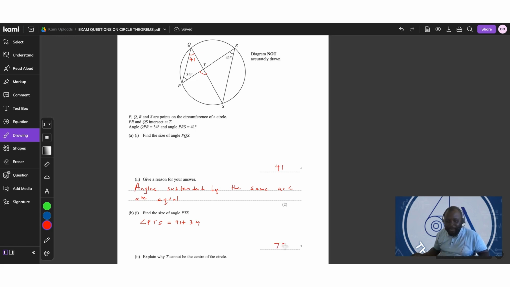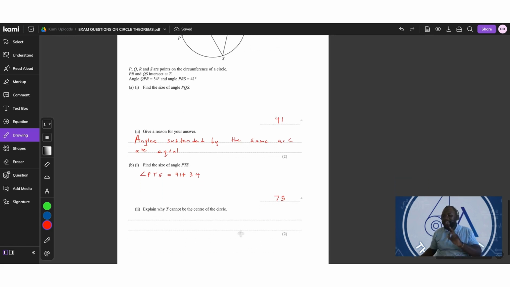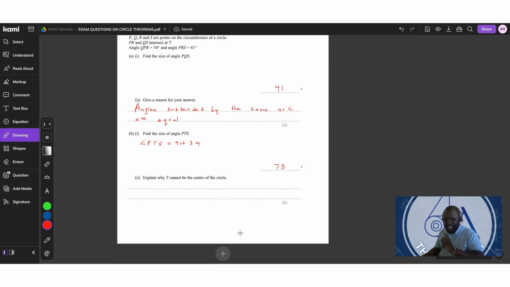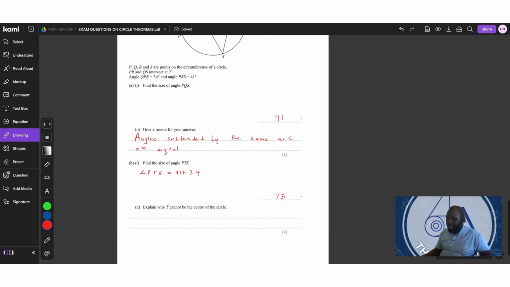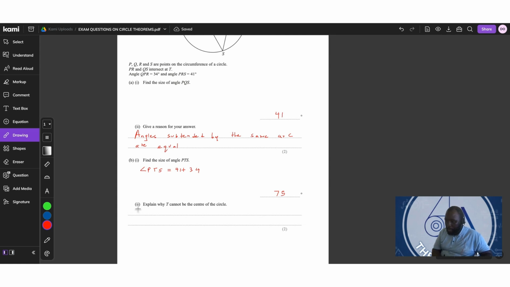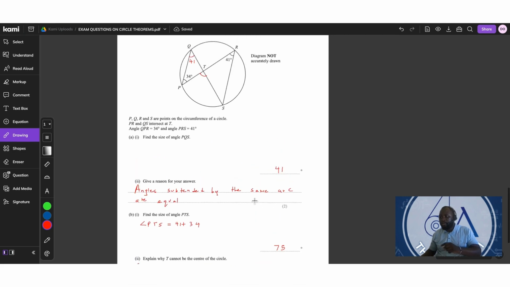Then what I had mentioned earlier comes into play. Explain why T cannot become the center of the circle. So we can say, because angle PTS, which we have just found, is not twice any of the angles up there.